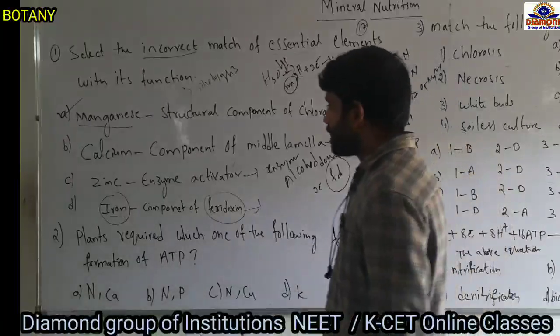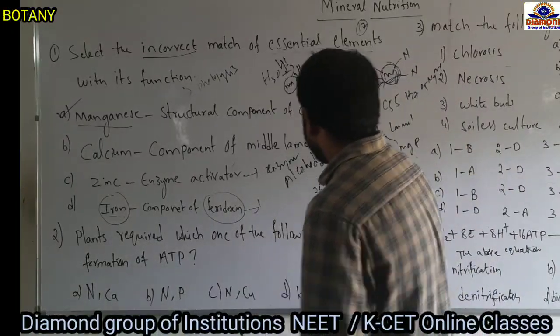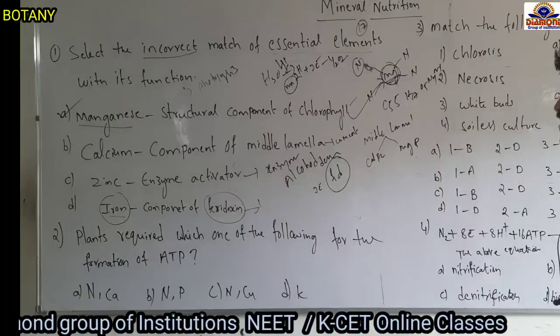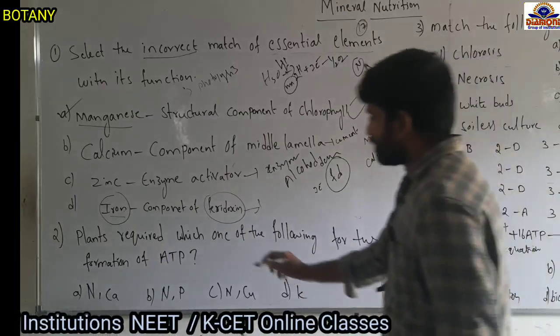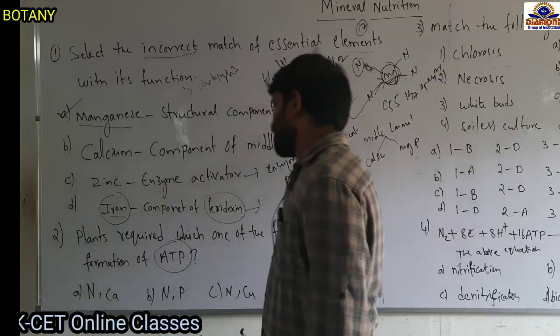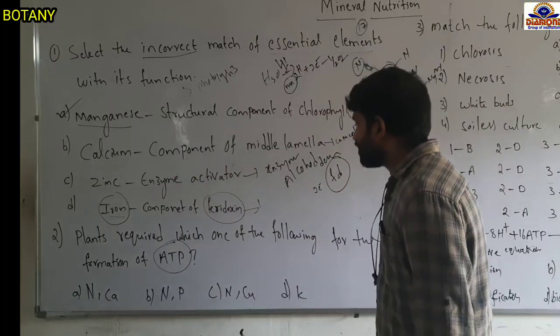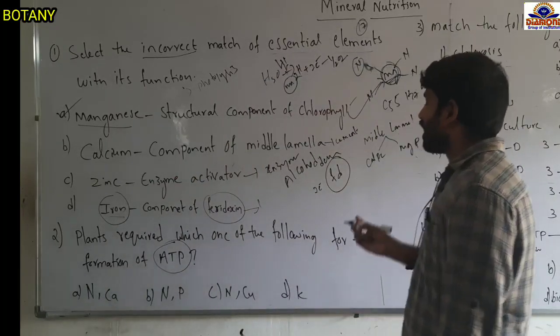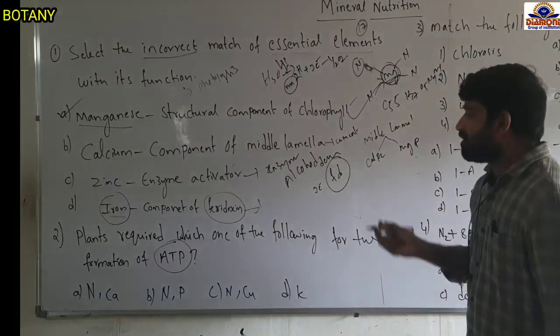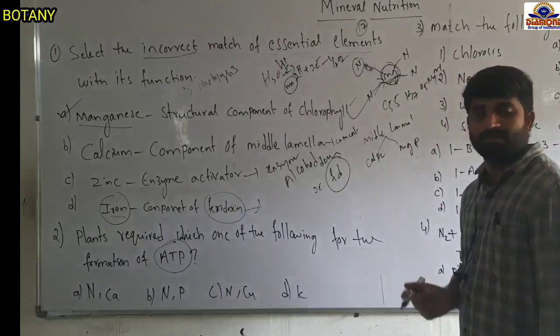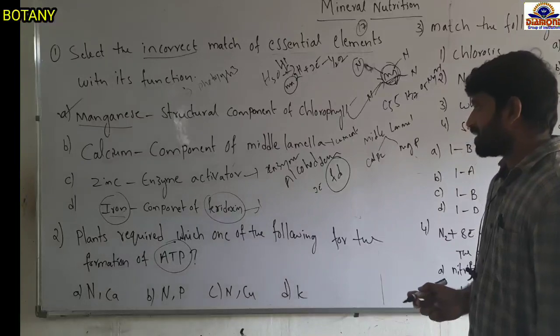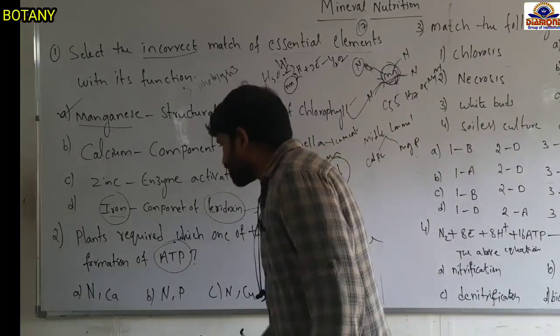And next question: plants require which one of the following for the formation of ATP? You know that ATP represents adenosine triphosphate. Out of the given elements, which are majorly involved in the formation of ATP? They are given as nitrogen and calcium.